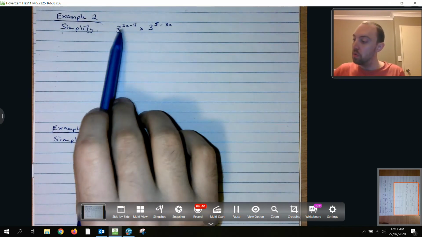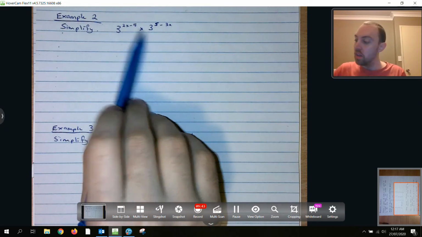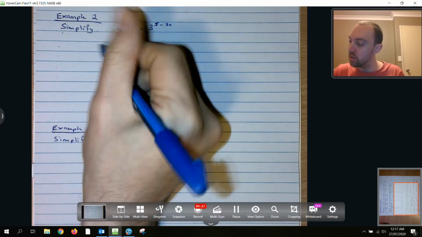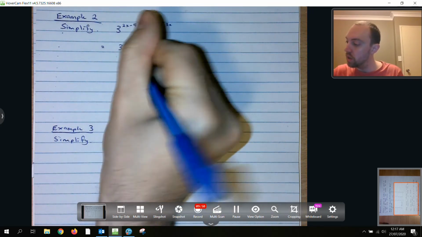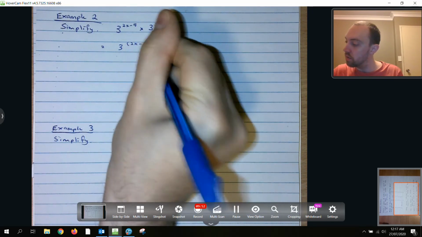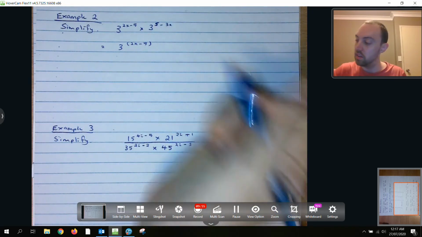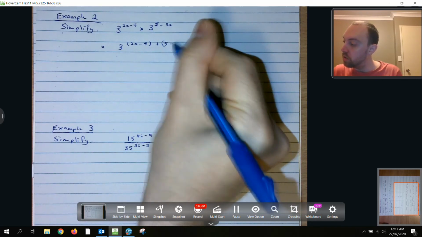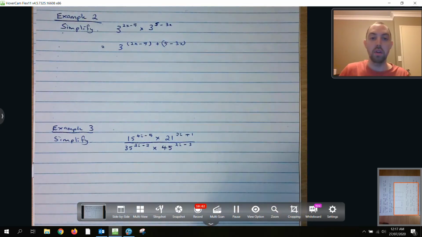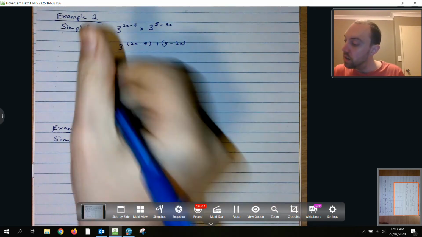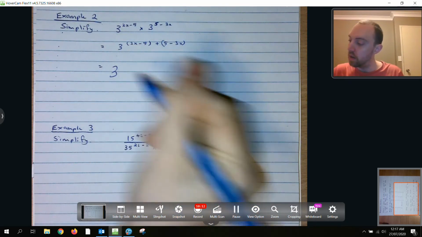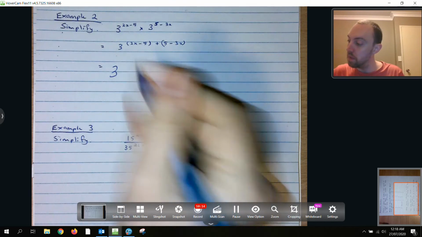Okay, when we are multiplying two numbers that have the same base, then we can add the powers. So this just looks like 3 to the (2x take 5). This might be a little bit hard to see. Okay, but we're going to use a set of brackets so that we don't get any of our negative numbers mixed up. I'll write it a little bit larger because I'm working within the power.